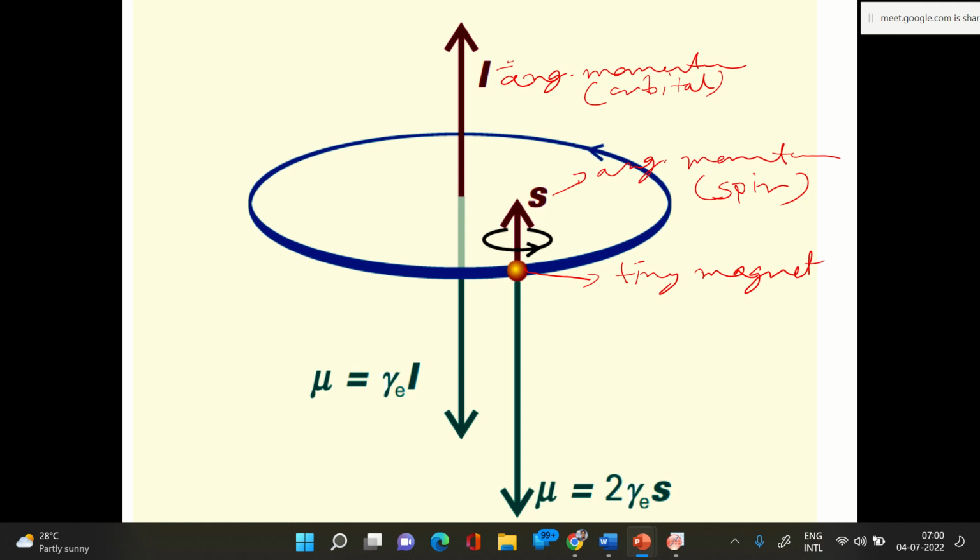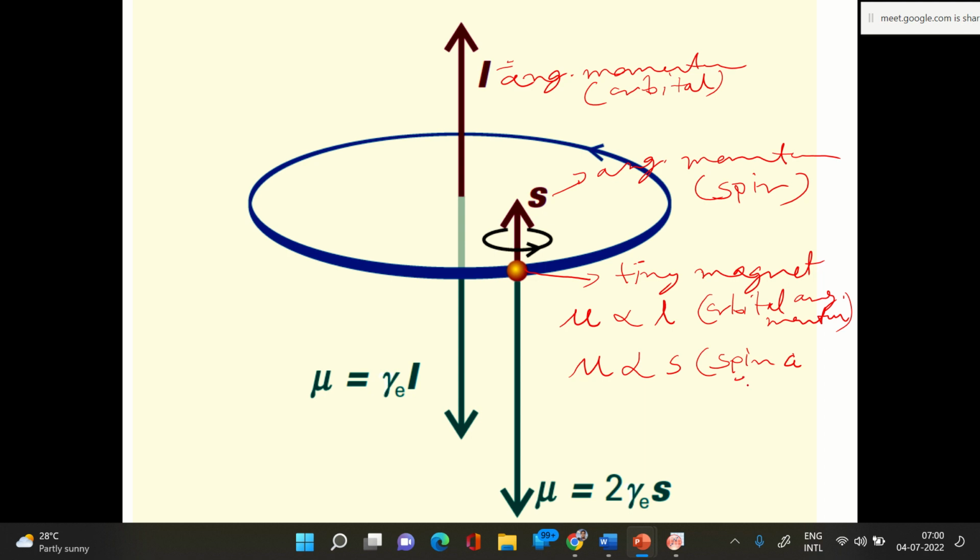The magnetic moment is directly proportional to L, the orbital angular momentum, or it is directly proportional to S, the spin angular momentum. This is what we know till now.